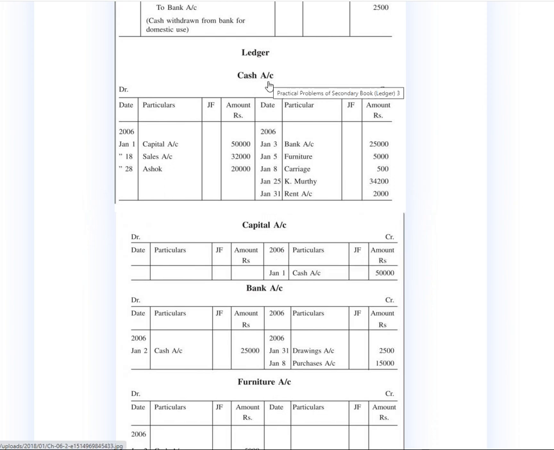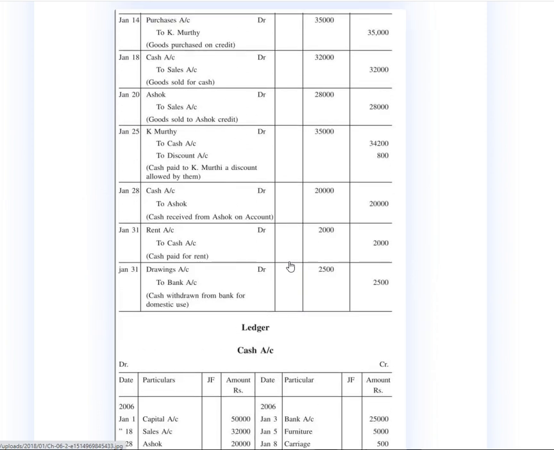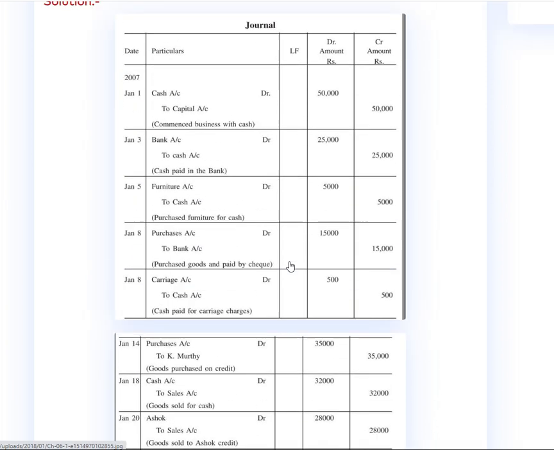As the entry itself says cash account debit to capital account, the cash account is debited with the capital account, the amount is 50,000 on January 1st. The same entry in reverse you record in the capital account, credited by cash account on January 1st, 50,000.